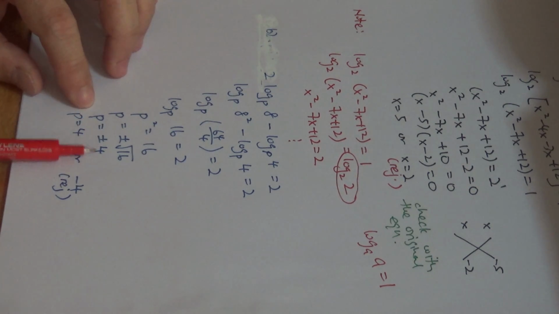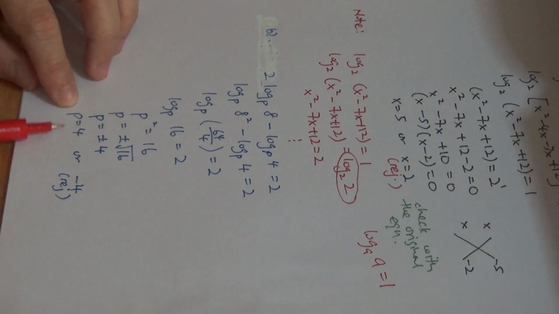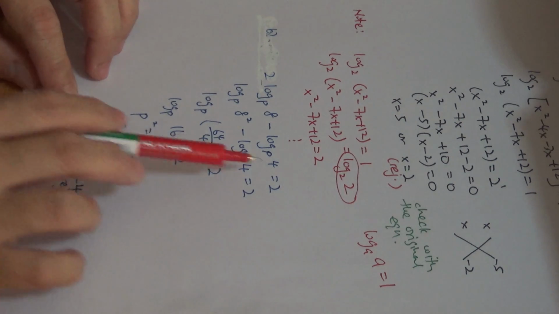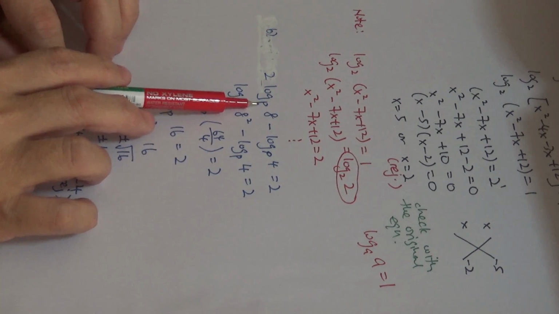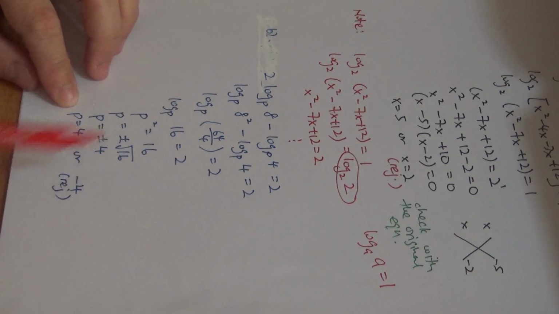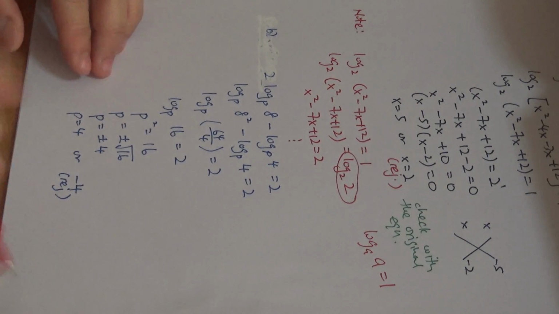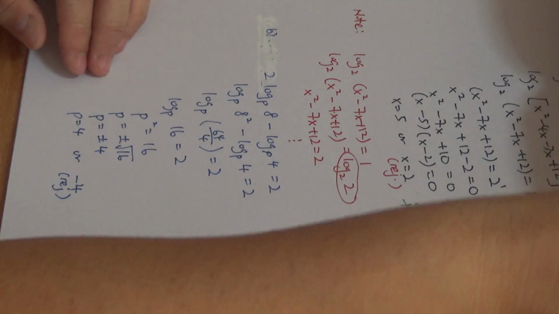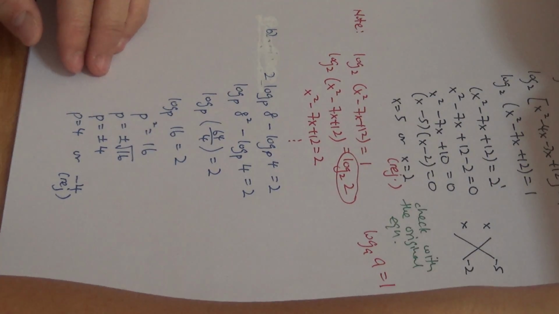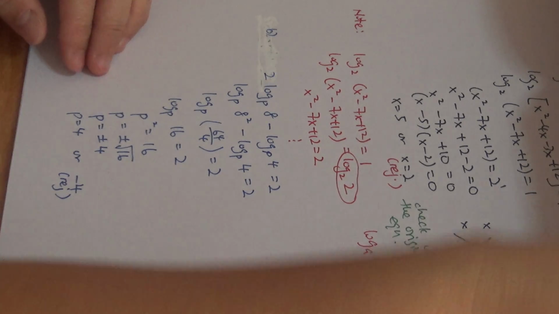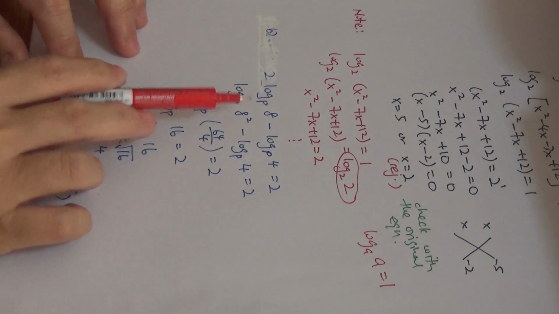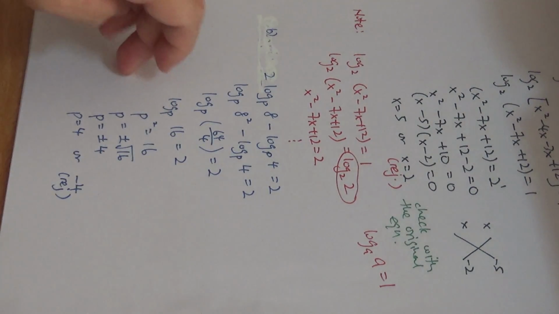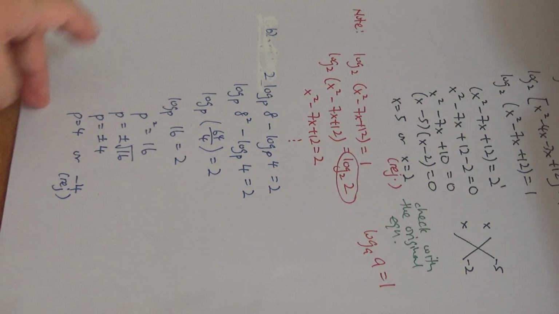P will be plus or minus 4. So this is 4 or negative 4. Note that in the original equation, this one cannot be negative, therefore negative 4 is rejected. Alright, so always check with the original equation. That is your example 21 part B.